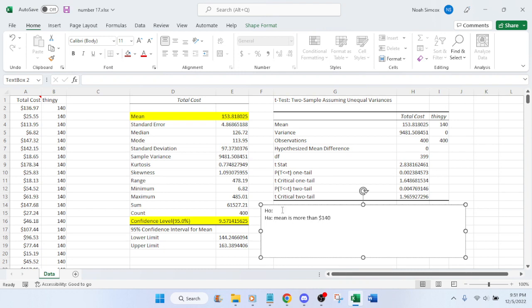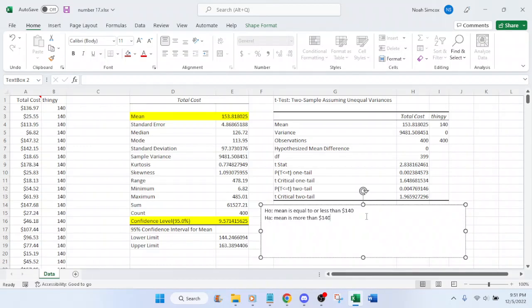And null is mean is equal to or less than 140. Mean is more than 140. So null equal to or less than 140. So that's null.